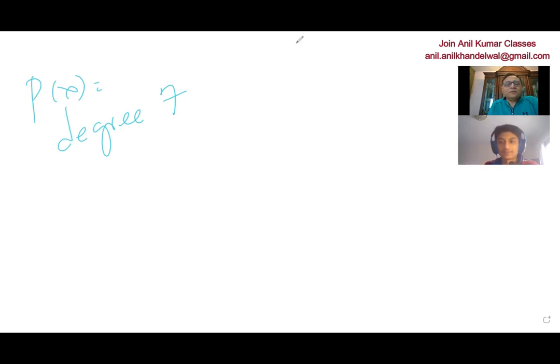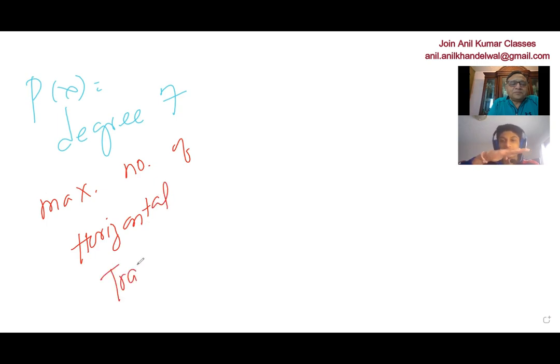I see. Okay. So again, what was the question? A polynomial of degree 7 was given to you, and what is the maximum number of horizontal tangents? Maximum number of horizontal tangents. That really means what? Where the slope of the tangent is 0.